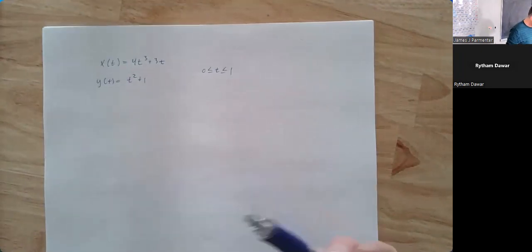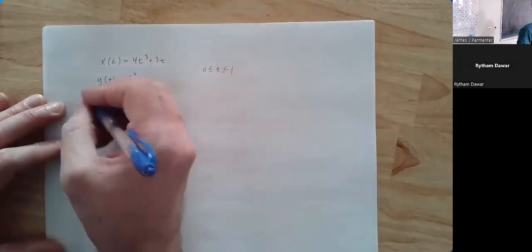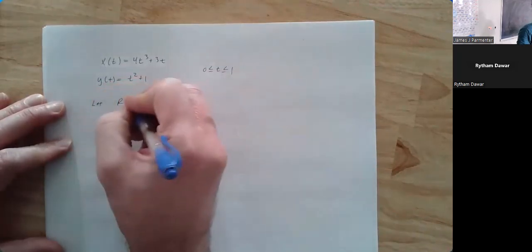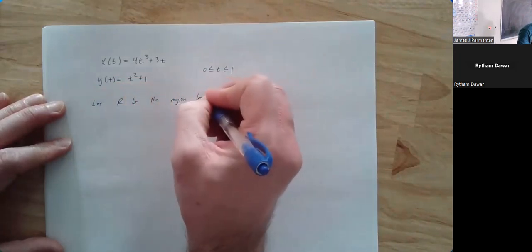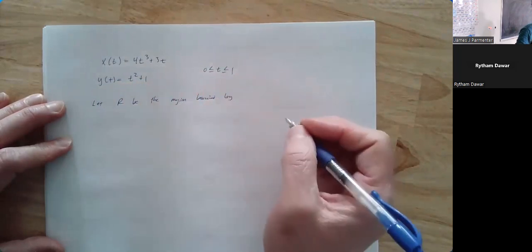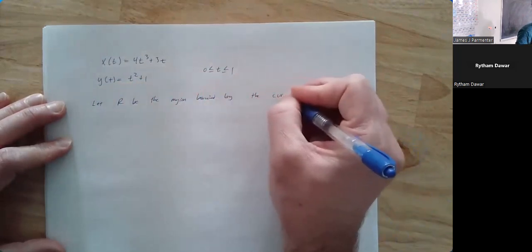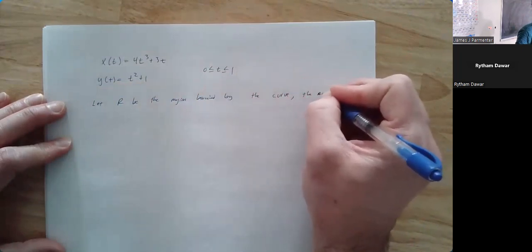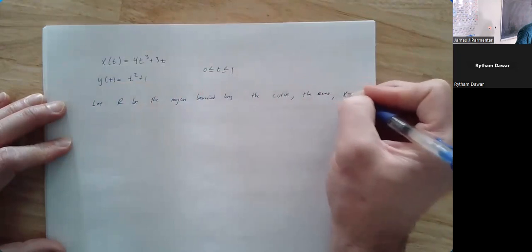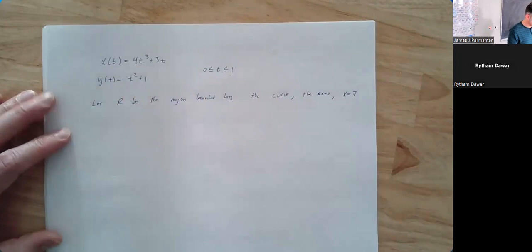Okay. So here's our parametric curve, and we're going to say let R be the region bounded by the curve we just talked about, the coordinate axes, and x equal to 7, which is what you get when you plug in t equal to 1.